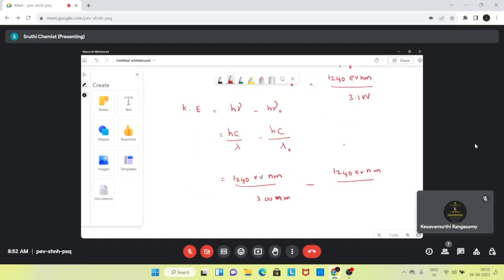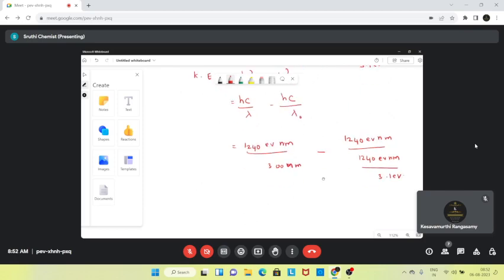So lambda naught is 1240 electron volt nanometer divided by 3.1 electron volt. So you will get the answer finally. Any doubt in this question? Everyone clear or not? Yes, ma'am.